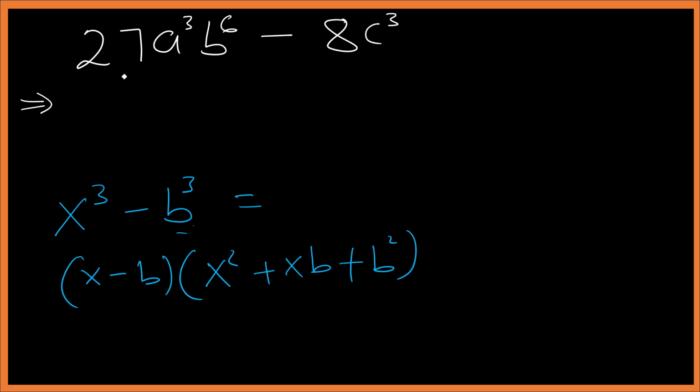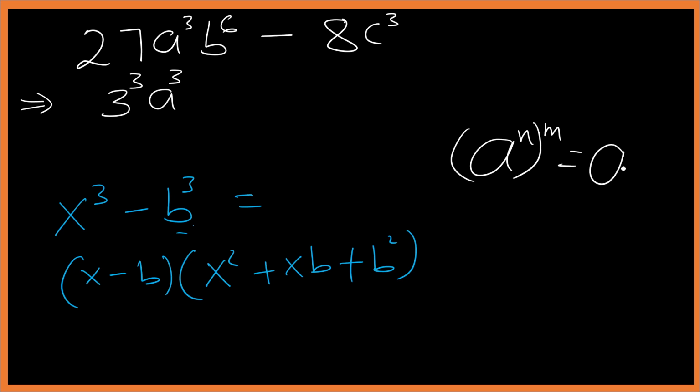Now we want to get a common power here. So 27 is the same as 3 to the power 3. 3 times 3 times 3, that is 27. Then we have a to the power 3, and we can write b as, now when you're given a to the power n all raised to m, that is the same as a to the power mn or nm.